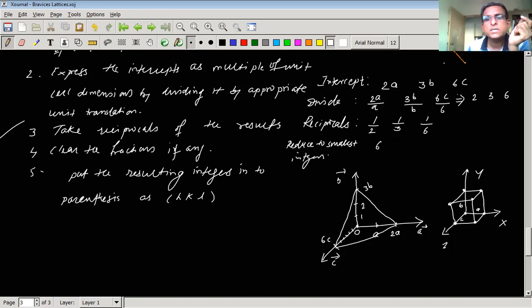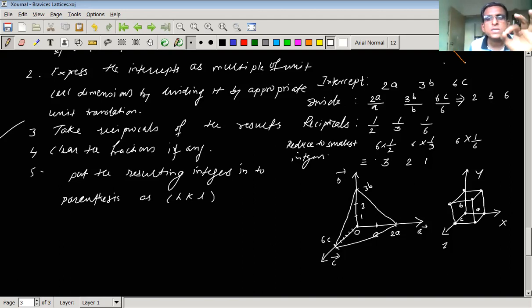So 6 into 1/2, 6 into 1/3, and 6 into 1/6. So these results become 6 by 2 is 3, then 6 by 3 is 2. Don't give any comma here. And 6 by 6 is 1. So whatever integers we have obtained are after reducing the fractions to the smallest integers.